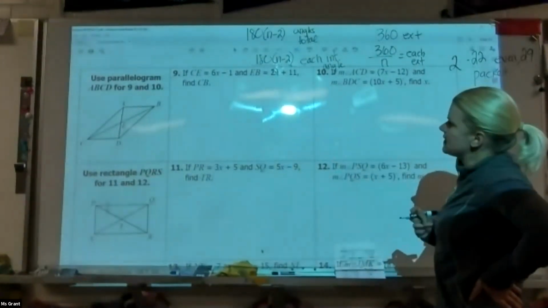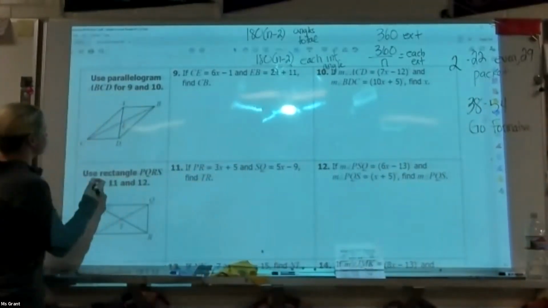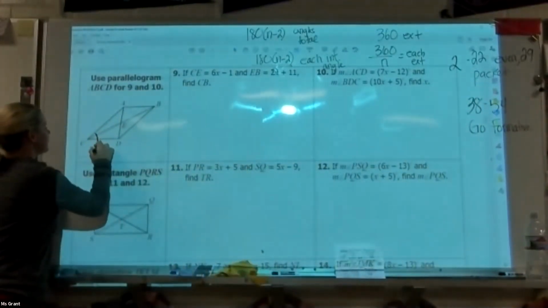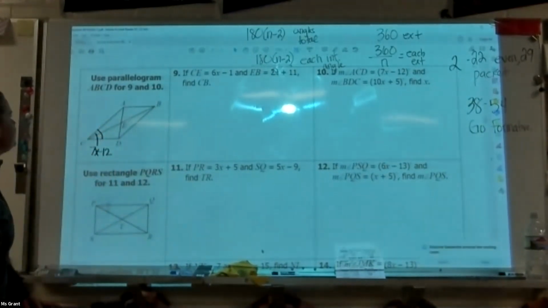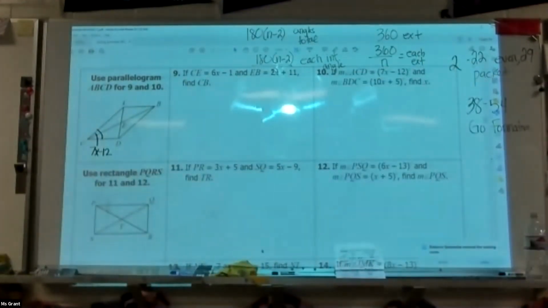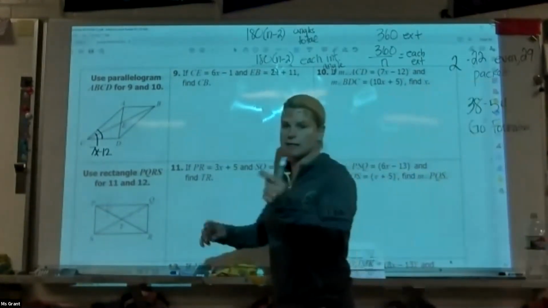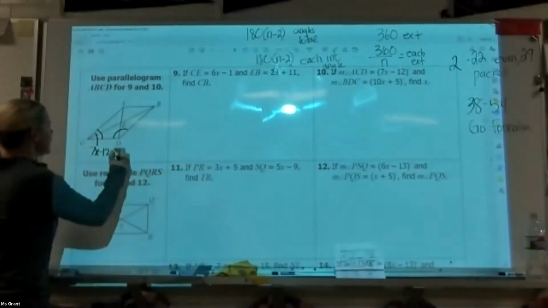If the measure of ACD is 7x minus 12, so the whole thing is 7x minus 12, that's the whole angle, and BDC, that's the bottom right angle. So the bottom left angle is 7x minus 12. The bottom right angle is 10x plus 5.